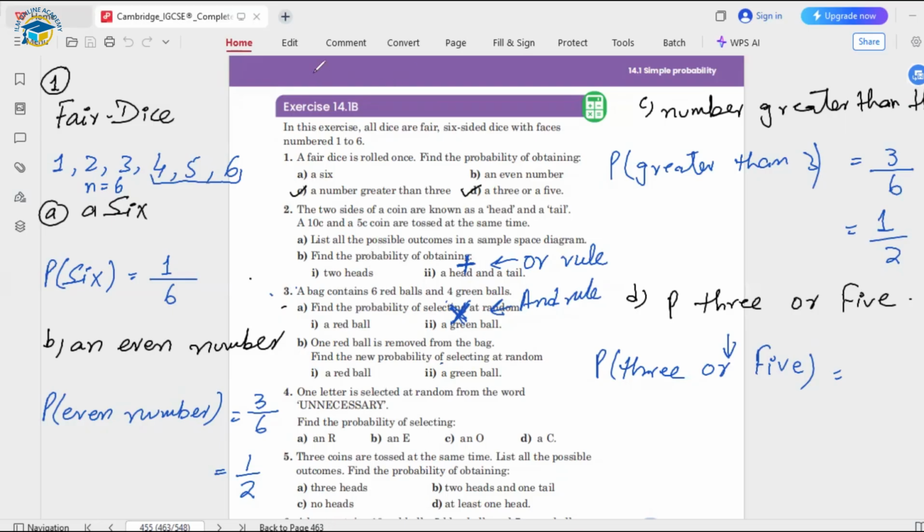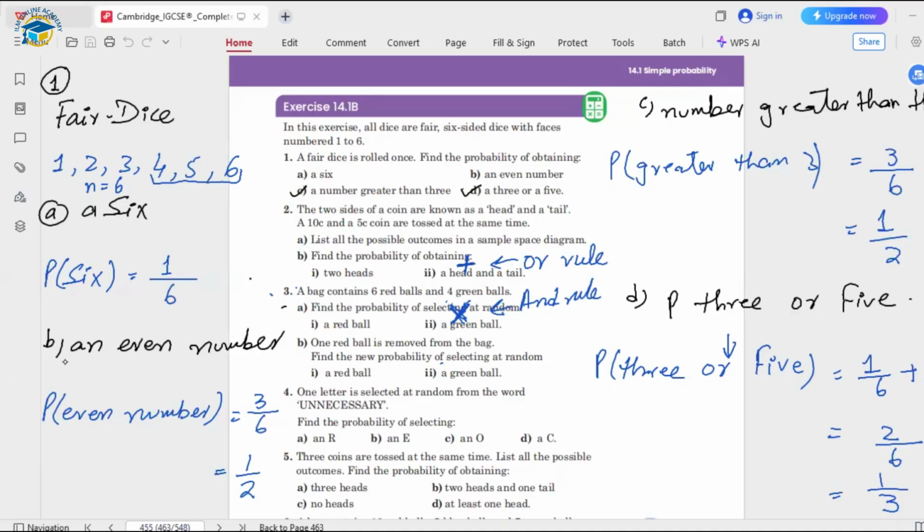So for this one, if we want to find the probability of getting 3 or 5, 1 over 6 is the probability for getting a 3 plus 1 over 6 as well is the probability of getting a 5. So due to this or, I'm just going to add them up, okay? So 1 over 6 and 1 over 6, this will be basically 2 over 6. And if I simplify, it will be 1 over 3. So this is basically the probability of getting a 3 or a 5, okay? So the first question is complete.